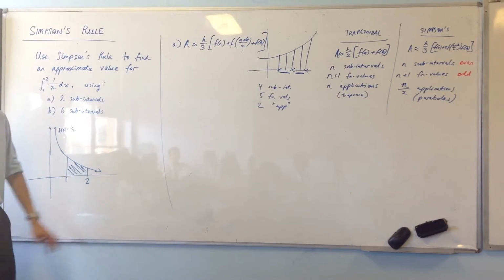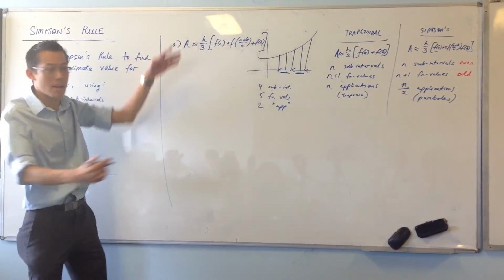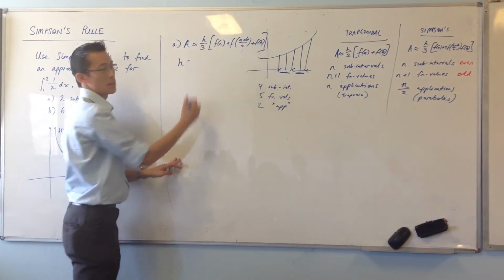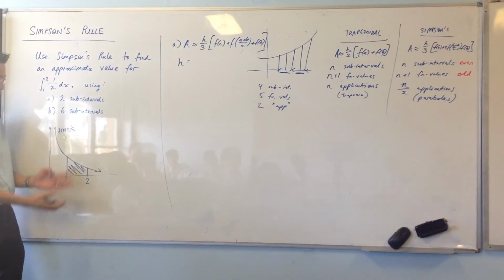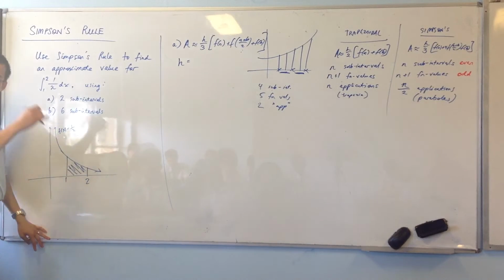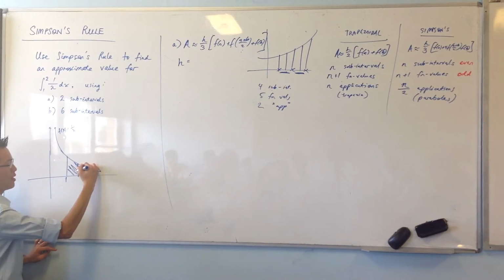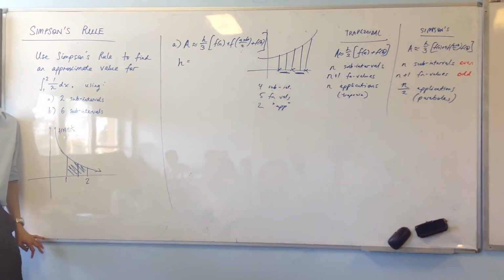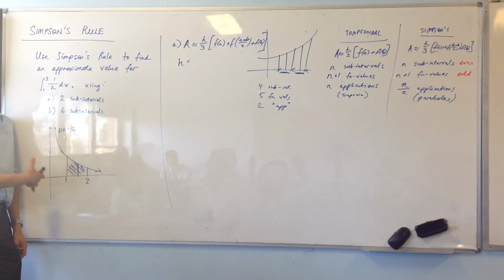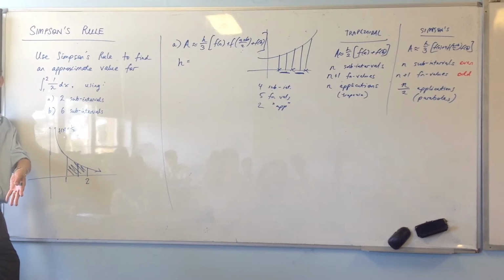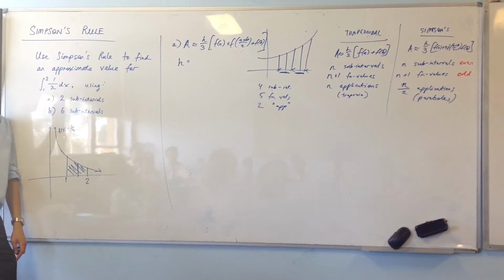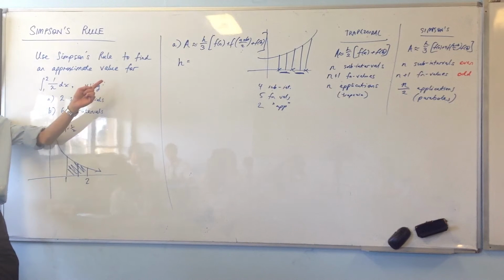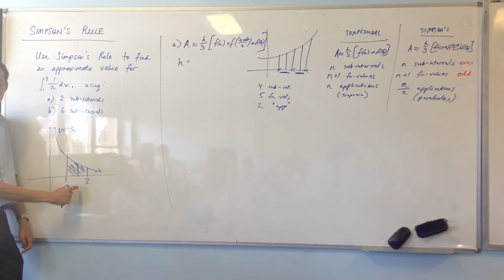Okay, so you start off and there's an h there, right? So what's h equal to in this case? And this is where the drawing does help you, okay? H is equal to the height of each subinterval. Now, because it's a nice easy value, you don't really need to do much sophisticated working out. You can just tell me that the perpendicular height of each subinterval, that's what h is, a half.